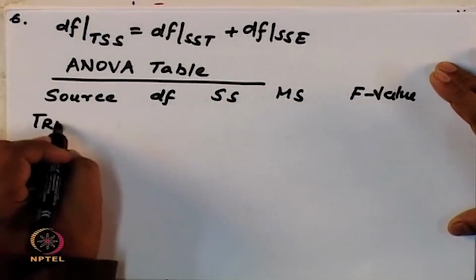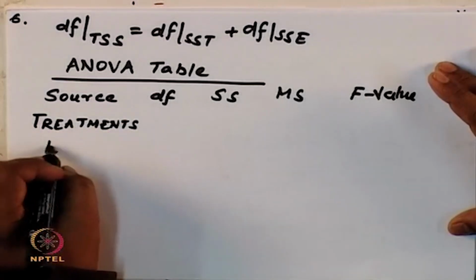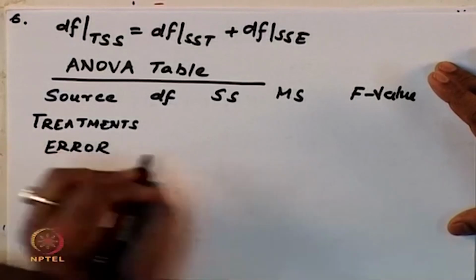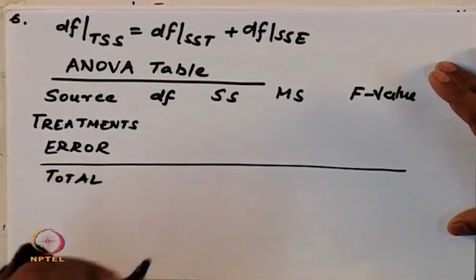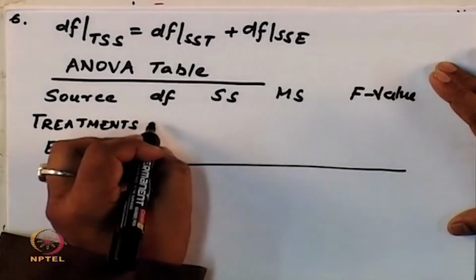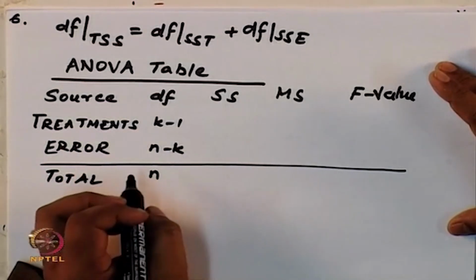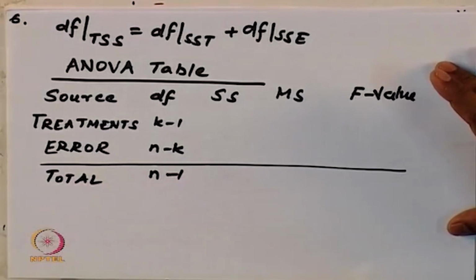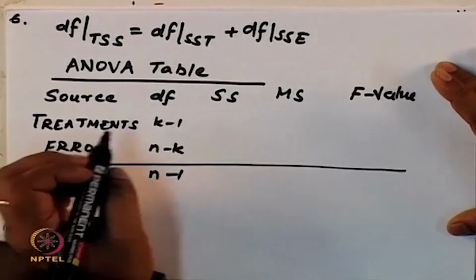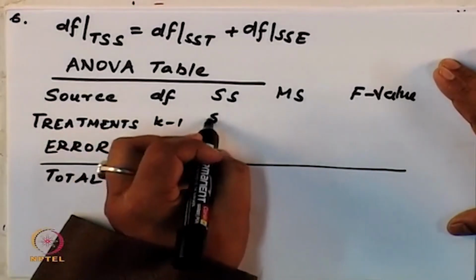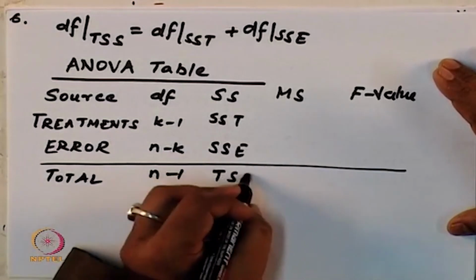Your source includes treatments, error, and in sum this is total, okay. So, this is k minus 1, this is n minus k, this is n minus 1, okay.